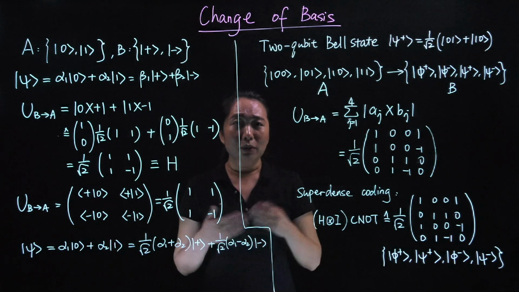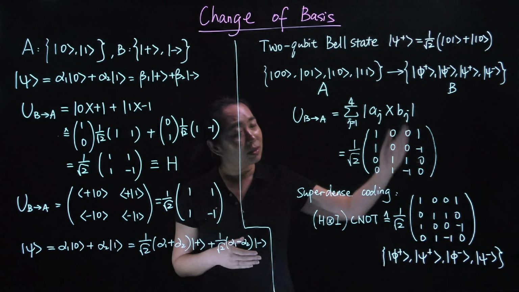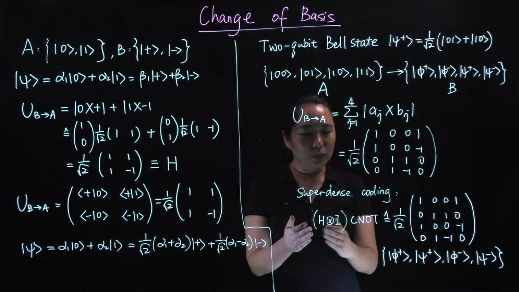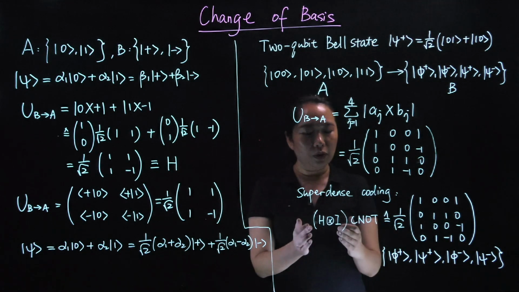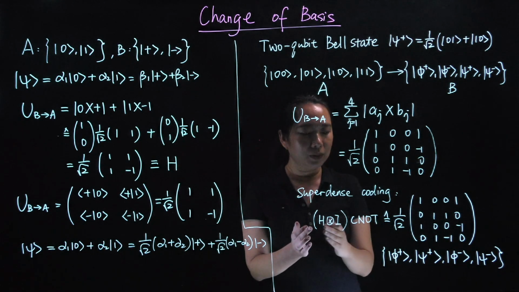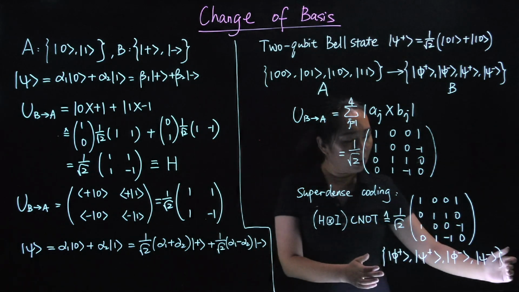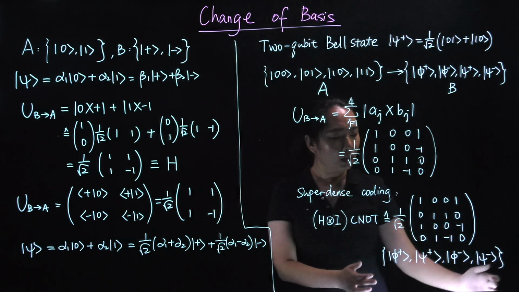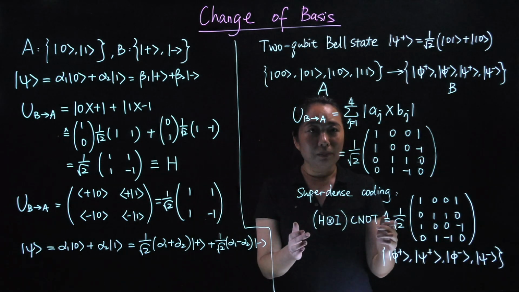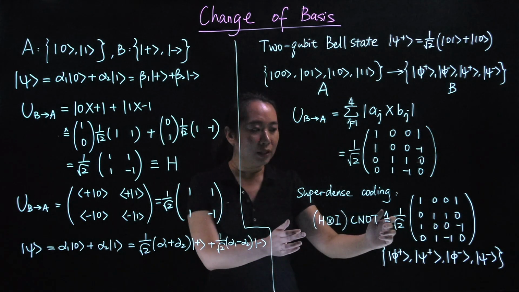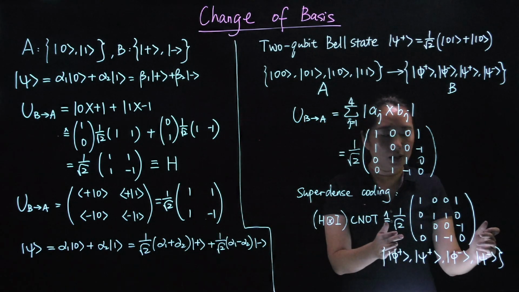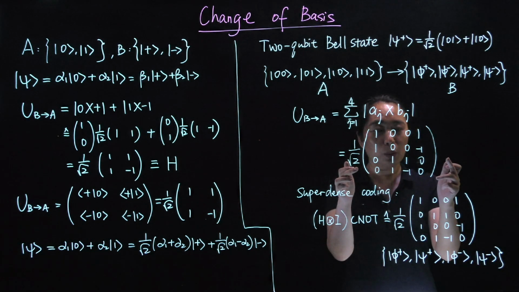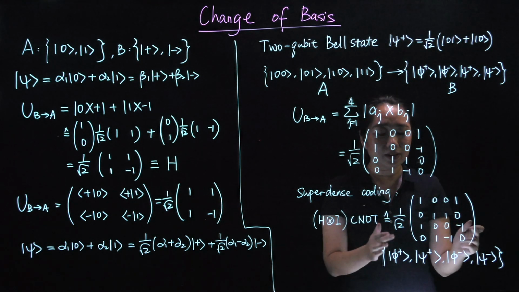Now, we also remember that we have done something very similar when we talked about superdense coding, that by doing a CNOT operation followed by a Hadamard gate on the first qubit, we transform the Bell basis into the computational basis for decoding. So if we work out the matrix representation for this operation, it is given here. Now compare this matrix to the matrix above, we will find that they are not the same.